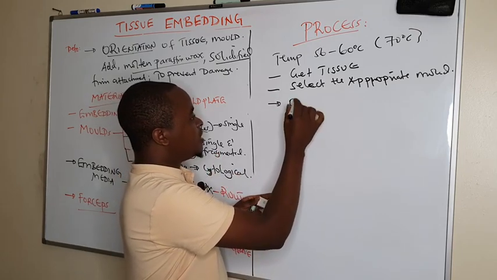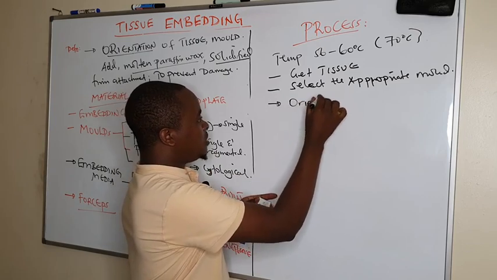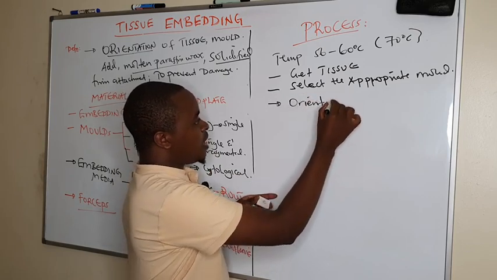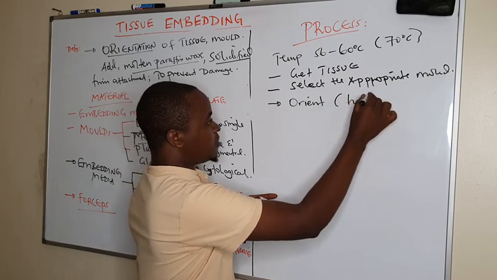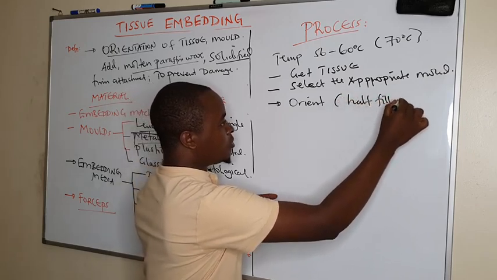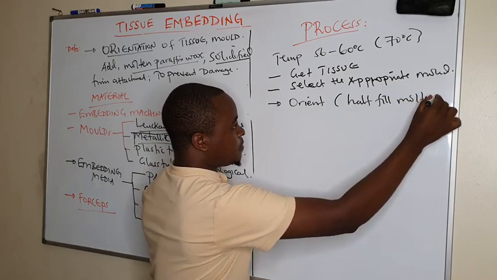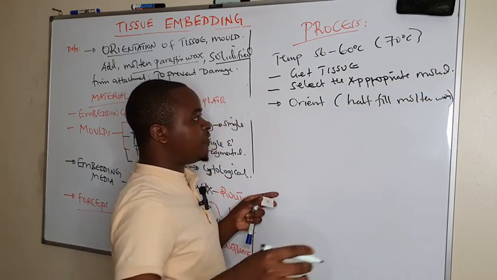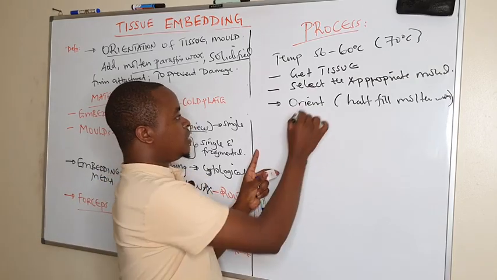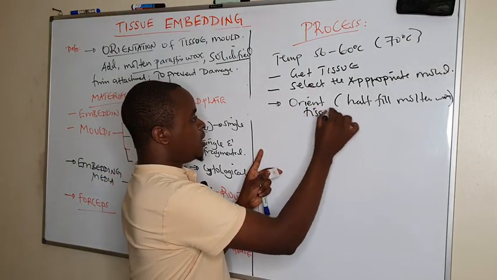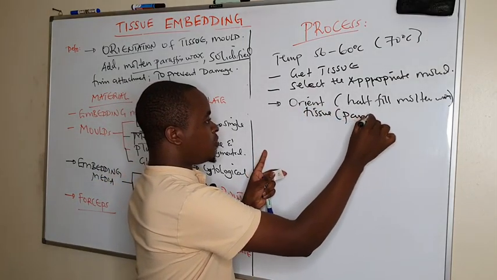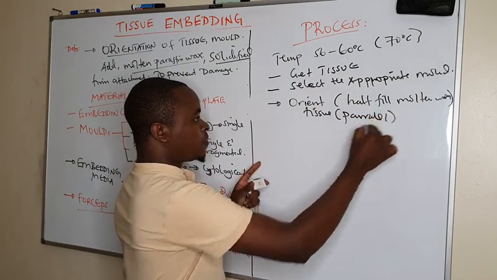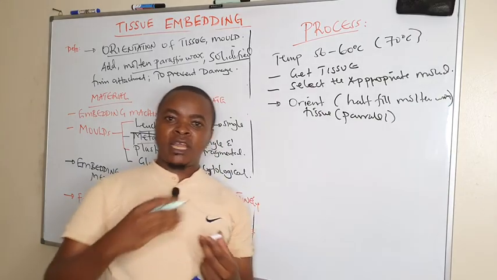But before orienting the tissue, we orient the tissue using a forceps after half filling. We have filled with the molten wax. Then using a forceps, we come and orient the tissue within the mold in a parallel position. It should be parallel. Sometimes for long tissues, we orient them diagonally.